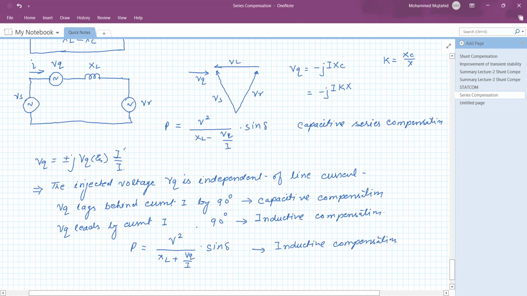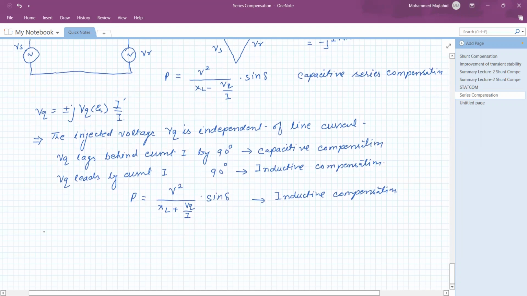Okay, and what is the injected voltage VQ? The parameter zeta is the control parameter, and the value of VQ as a function of the control parameter has the range 0 less than or equal to VQ less than or equal to VQ maximum.